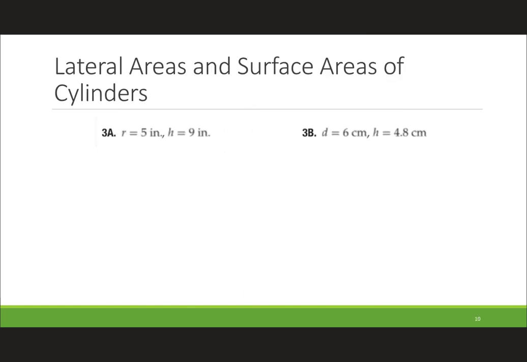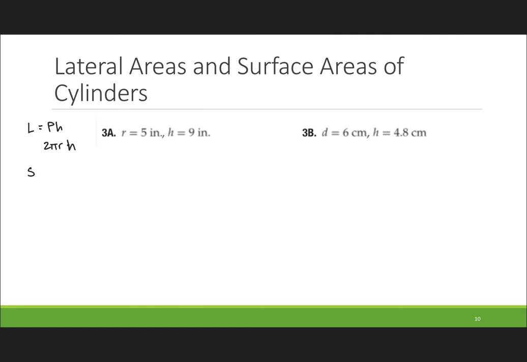All right, now let's go. I'm going to do the first one with you, and then you will do the second one on your own. So here we go. I need to find both the lateral area and the surface area. So let's just start off with writing our equations. My lateral area is going to be the perimeter times the height, or 2 pi r times the height.